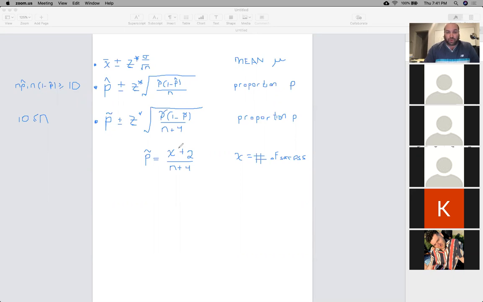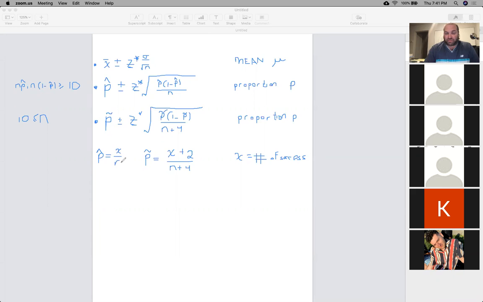And if not, but at least n is greater than or equal to 10, I would use this formula right here. By the way, what is p hat? Just to have a formula for that. P hat is just the sample proportion.